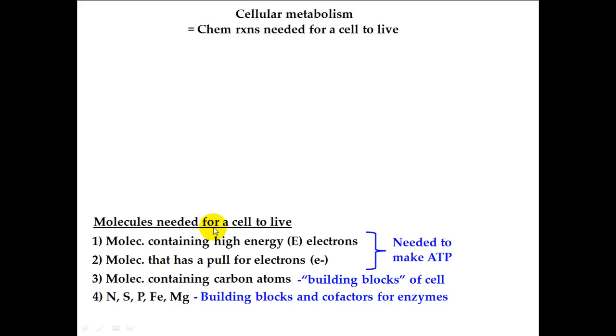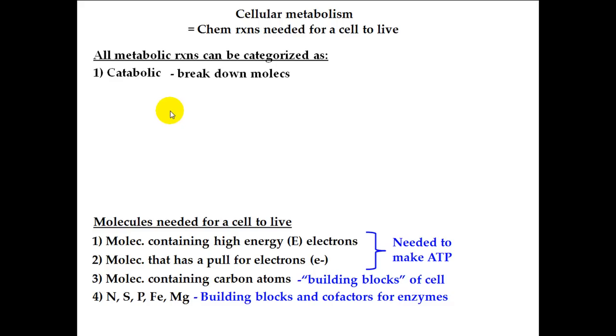There are some metabolic reactions that involve breaking stuff down, and some that involve building stuff up. Metabolic reactions that involve the breaking down of something are referred to as catabolic reactions. On the other hand, metabolic reactions that involve building something up are called anabolic reactions.